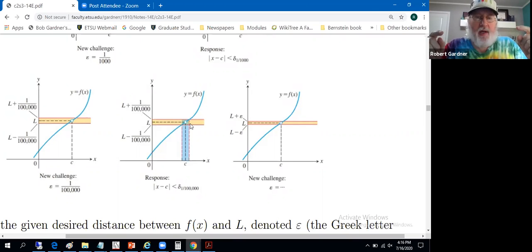Then that function is going to get awfully close to the point C, comma, L. It's going to try to pass through the point C, comma, L. That's the reason Dr. Bob's anthropomorphic definition of limit works.